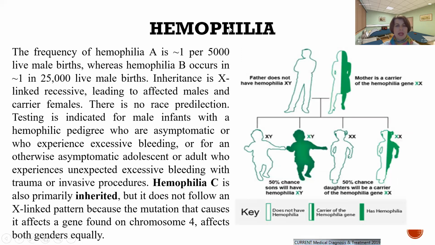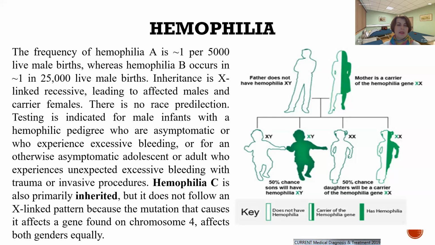The frequency of hemophilia type A is 1 per 5,000 live male births, whereas hemophilia B occurs in 1 in 25,000 live male births. Inheritance is X-linked recessive, leading to affected males and carrier females. There is no race predilection.